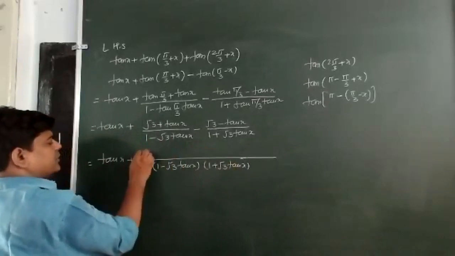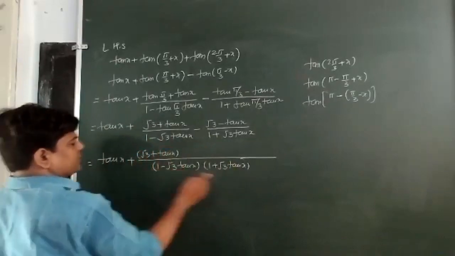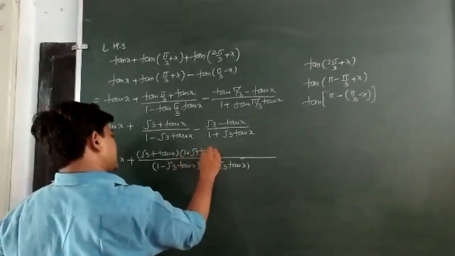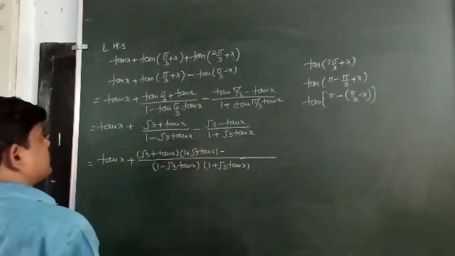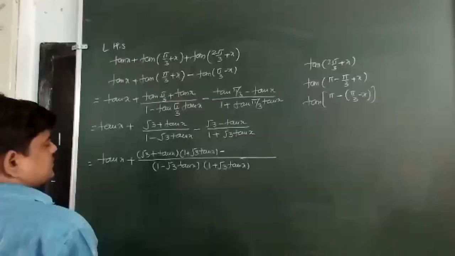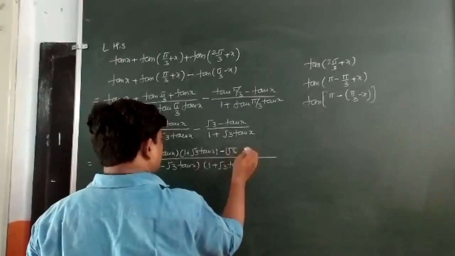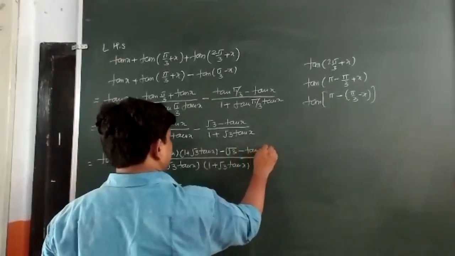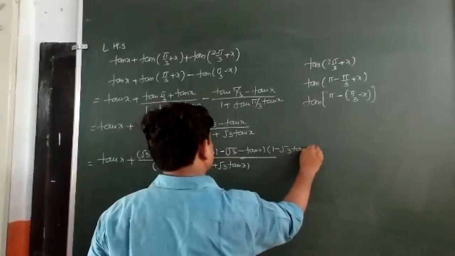Now, here I can write (root 3 plus tan x) into (1 plus root 3 tan x) minus (root 3 minus tan x) into (1 minus root 3 tan x).